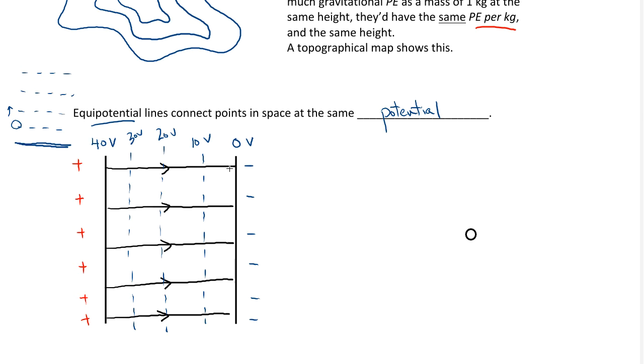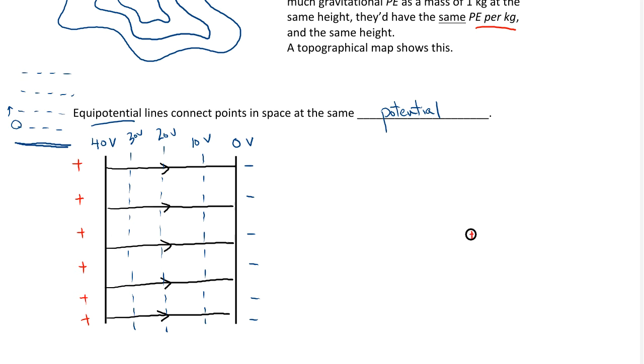Similarly, in the parallel plate situation, as you move a positive charge to the left from the negative plate towards the positive plate, you are getting more and more potential energy stored in that positive charge, and that potential energy per unit charge, or per coulomb, is increasing linearly as you go to the left. And that's why we have these equally spaced equipotential lines. Again, the equipotential lines are perpendicular to the field lines, and in the parallel plate capacitor setup, they are equally spaced.